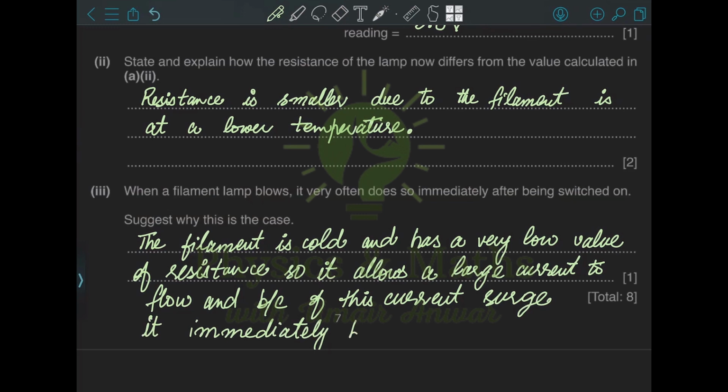So this is the reason why it blows immediately after being switched on. So the main reason here is the current surge, and the surge of the current is caused by the low value of resistance, and the low value of resistance is because the filament is cold initially.